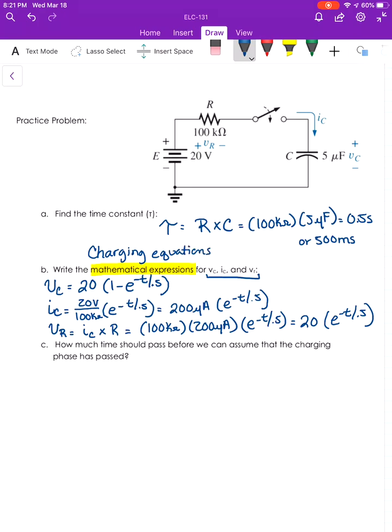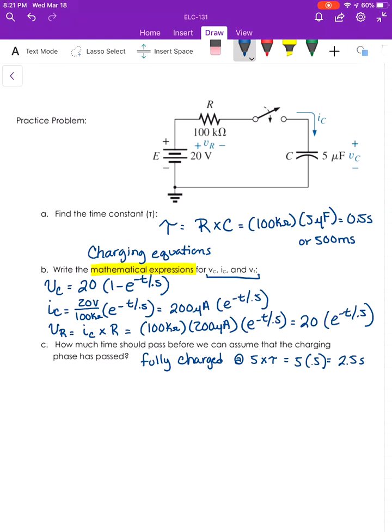So how much time should pass before we can assume that the charging phase has passed? If we allow that capacitor to charge up fully, that happens at about 5 times the time constant. So in this case, that's 5 times 0.5, which would be 2.5 seconds. It's happening pretty quickly.